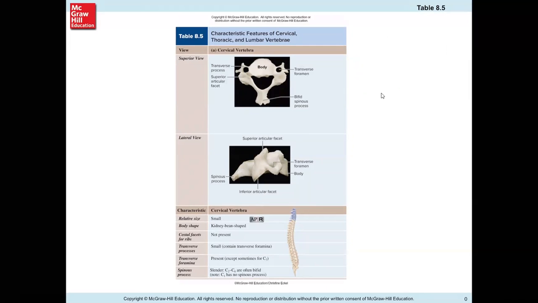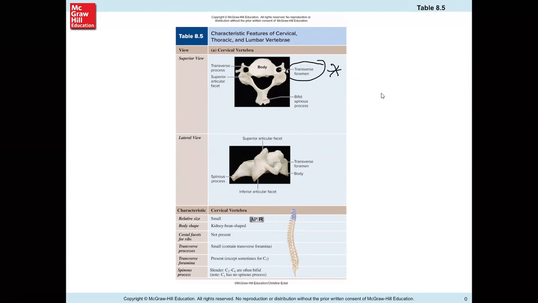Okay, so if we look at these, so characteristics of cervical, thoracic, and lumbar. Okay, so cervical vertebrae, so the ones in your neck, have a transverse foramen. Okay, the other ones don't have that. So they have an extra little hole up here, and those are for blood vessels that are going to the brain.